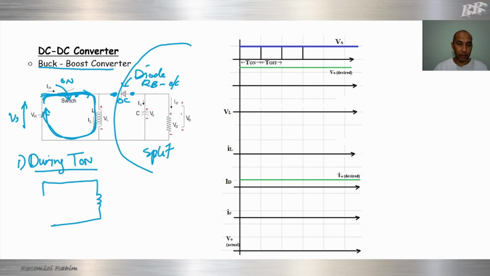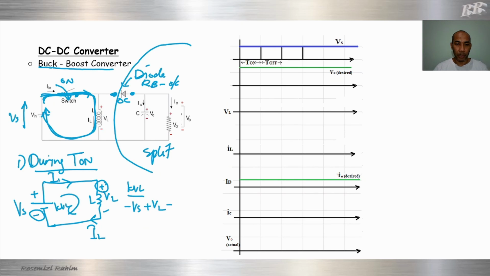So we can draw it again. The circuit will be like this: Vs, plus minus VL, this is the inductor, this one is IL, and RL. When we do KVL here, minus Vs plus VL equal to 0.